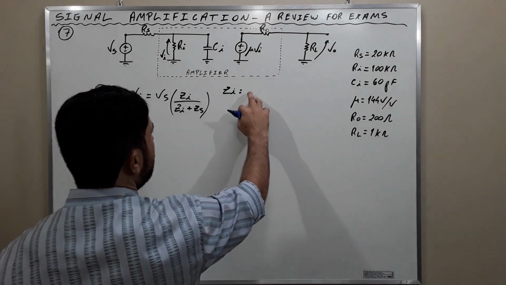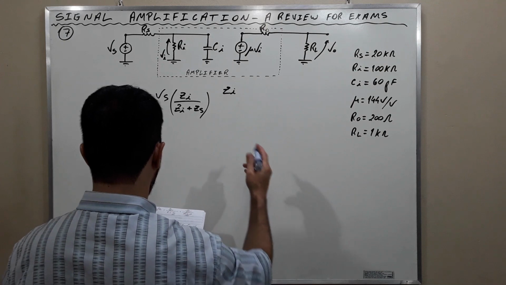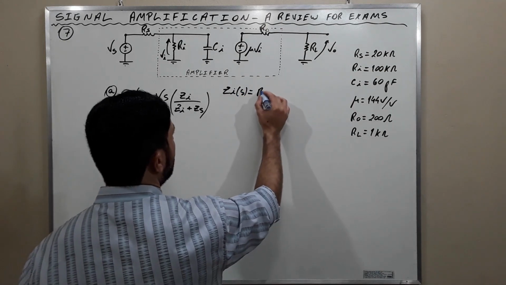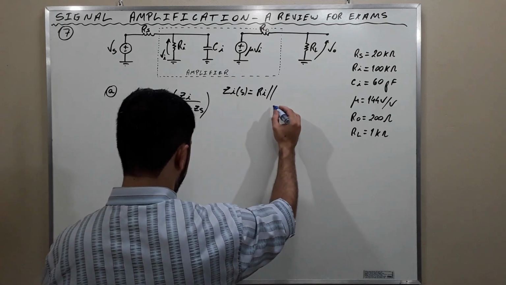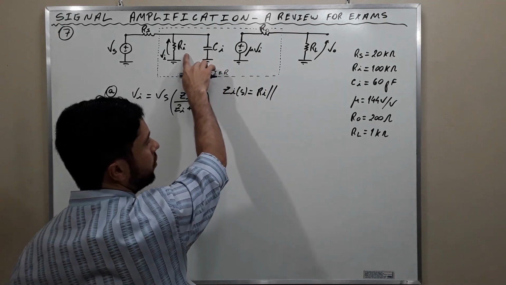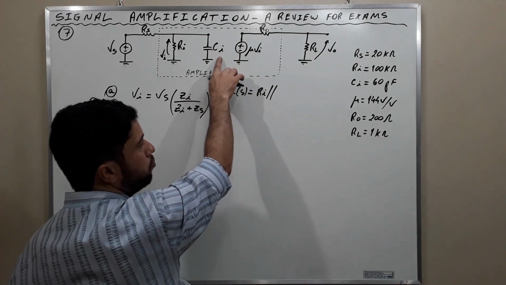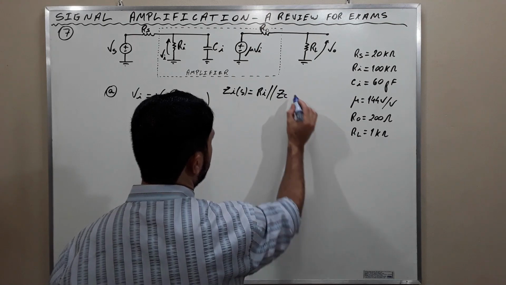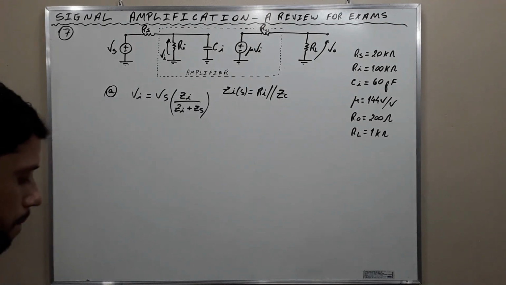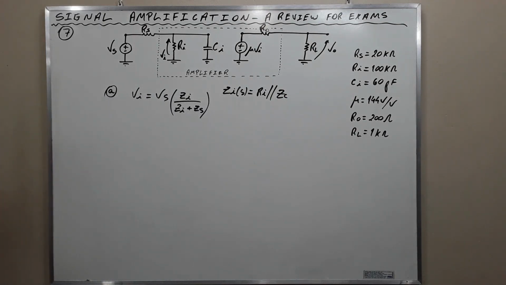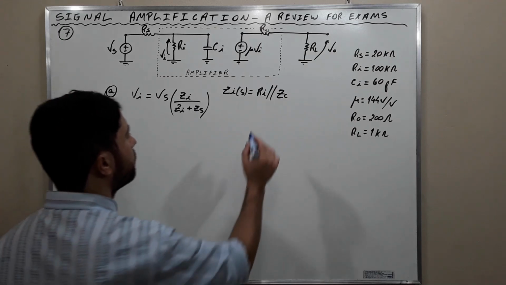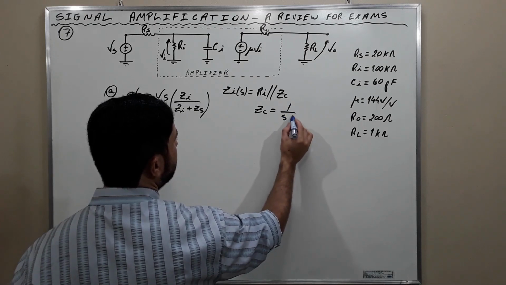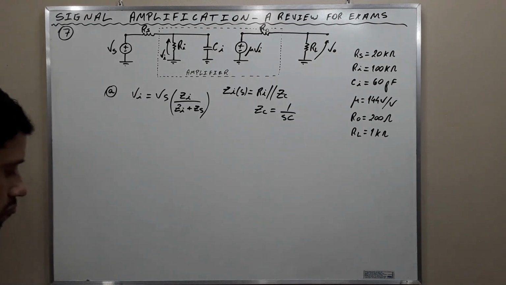In the frequency domain, Zi of S is equal to the parallel connection between the resistance of the resistor and the impedance of the capacitor. We're going to call it Zc. Okay? Where the impedance of a capacitor is 1 over SC.